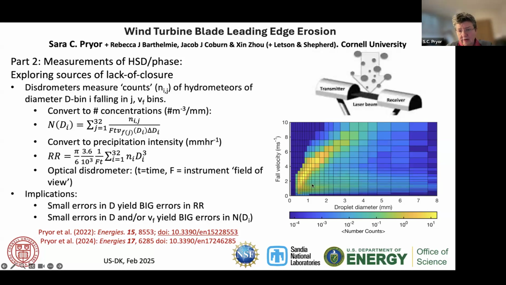A particular area we're interested in is that we uniformly get these very large, very slowly falling hydrometeors that fall far from our expected terminal fall velocity curve. And in case you're thinking, oh, that's snowfall, snowfall has been removed from this plot, so they are not snowflakes that we're looking at.